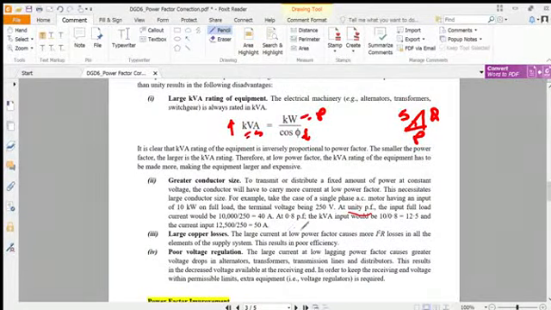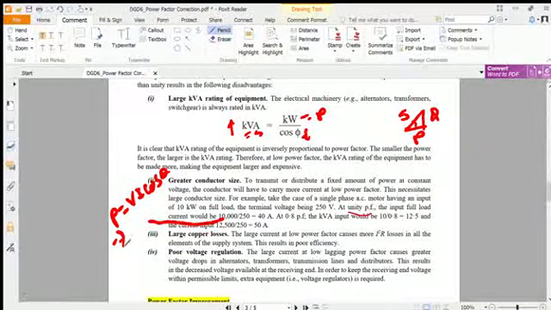If the power factor is reduced, because what we write here is P equals V I cos theta, so I equals P, here 10 kilowatt, divided by V, 250, into cos theta, here 1. So we get 40 ampere current.